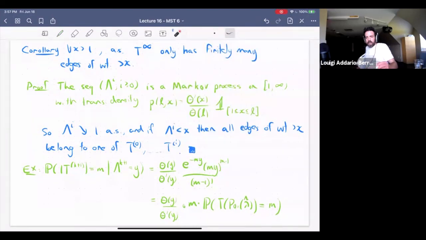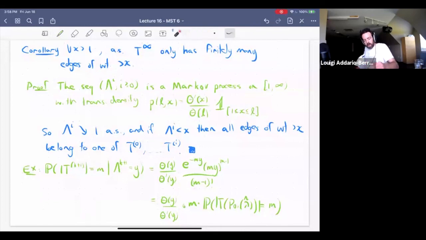What this is saying effectively is that if I tell you the largest weight that you'll ever see, the pond that the next tree T k plus 1 that you build looks like a subcritical Poisson Galton-Watson tree, except its distribution is biased by its size. This prefactor m out front means you have a size biasing of the size of the tree.